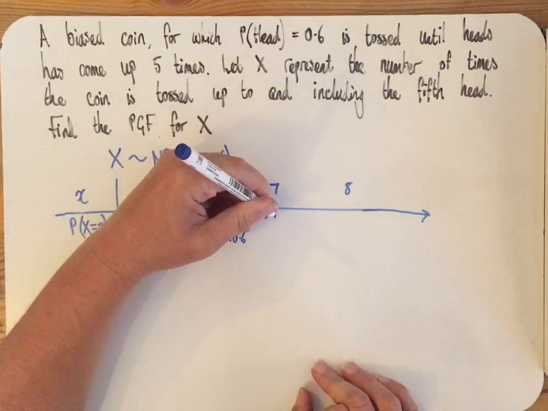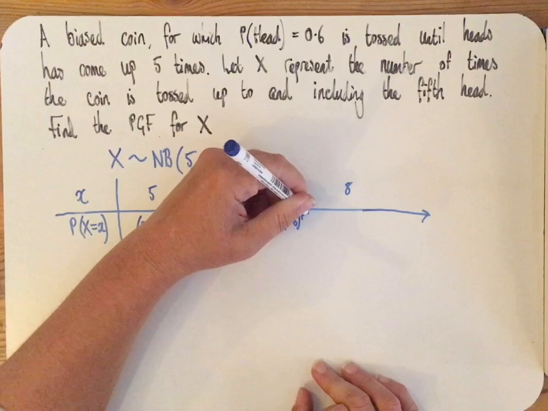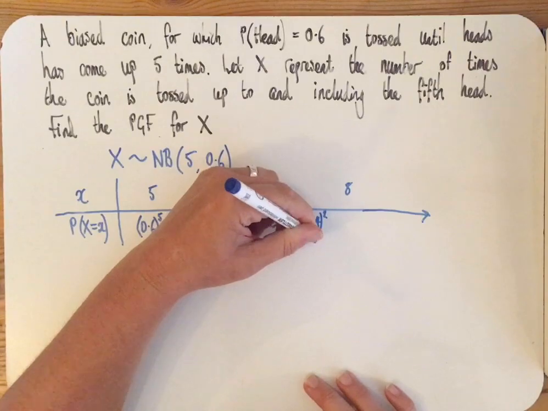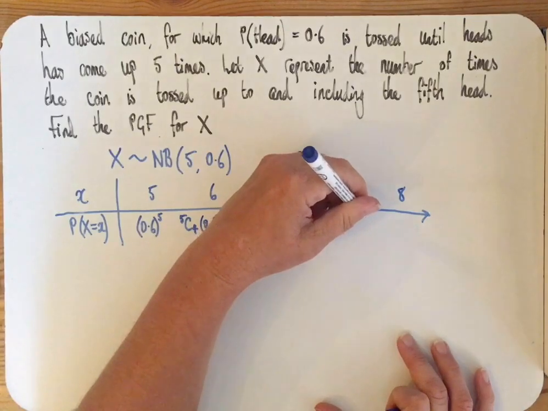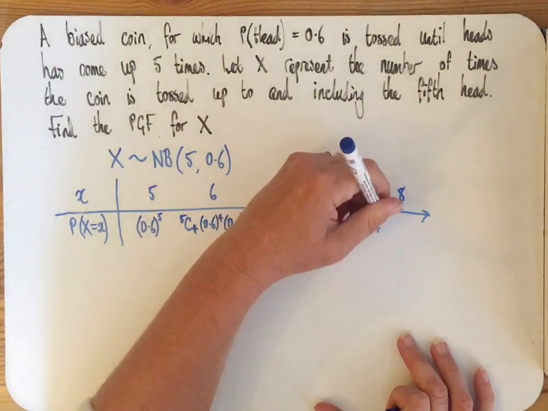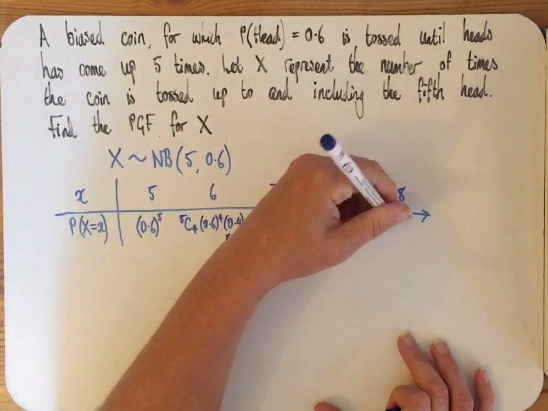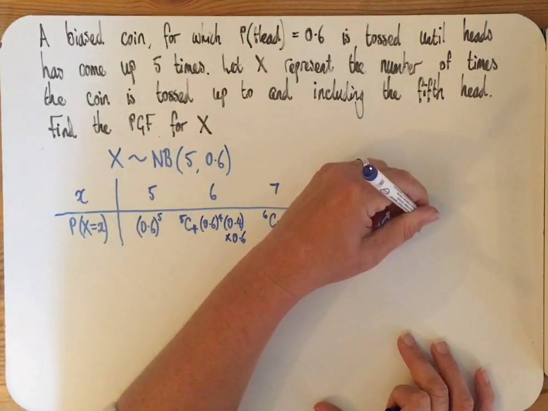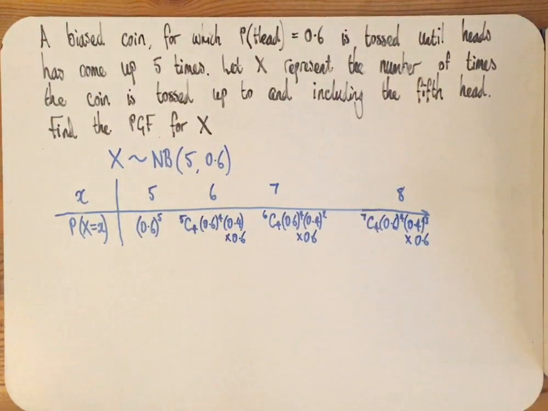So that would be 6 choose 4, 0.6 to the power 4, 0.4 squared times 0.6, and then we now are going to need 7 choose 4, 0.6 to the 4, so we still had 4 successes, but this time we've had 3 failures, and then times by that last success on the 8th trial. So just building up that formula.